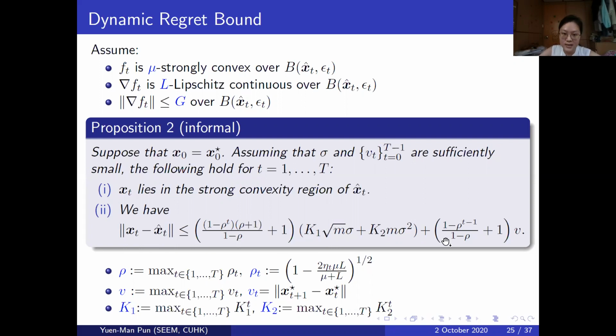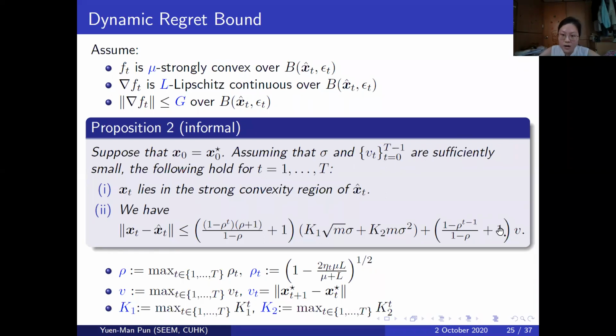As you can see, this upper bound depends on the number of anchors, m, here sigma, the noise power, and also V here, that is the path variation.